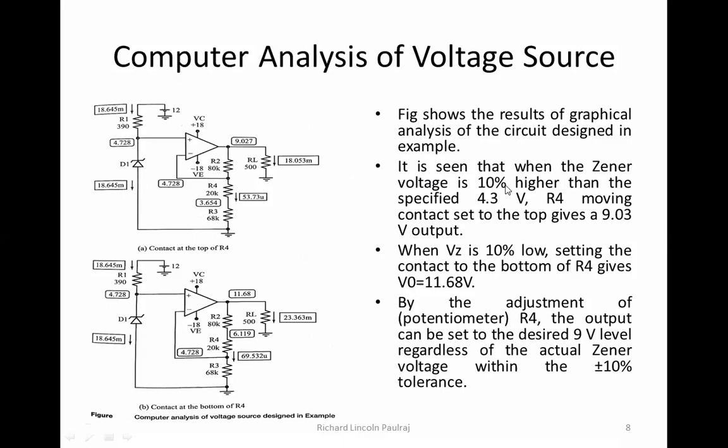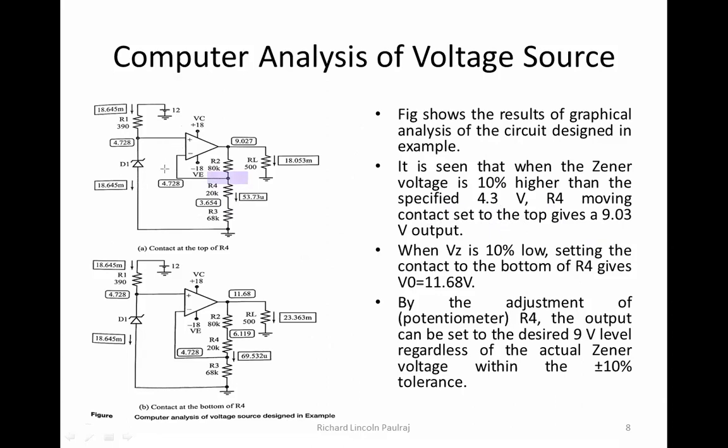Now it is seen that when the Zener voltage is 10% higher than the specified 4.3 volts, R4 with the moving contact set to the top gives about 9 volts output. So when it's at the top of R4, it's very interesting here. You can observe this section here.